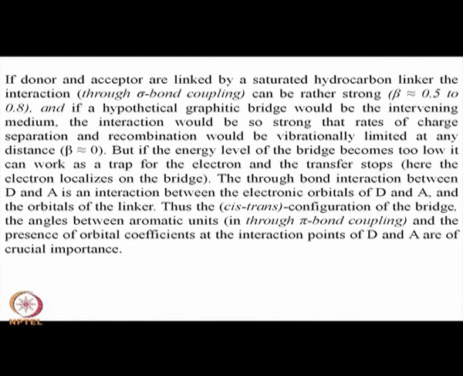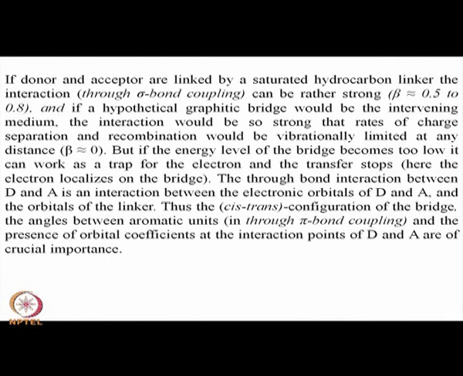Through sigma bond interaction means in that case beta is rather strong, okay, and for a hypothetical graphite bridge, the interaction will be so strong that charge separation and recombination will be vibrationally limited.